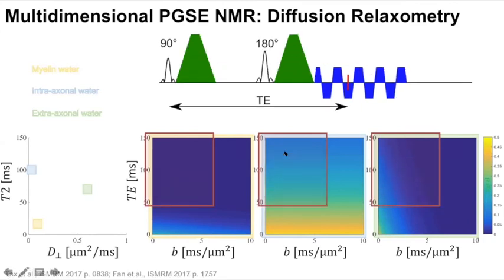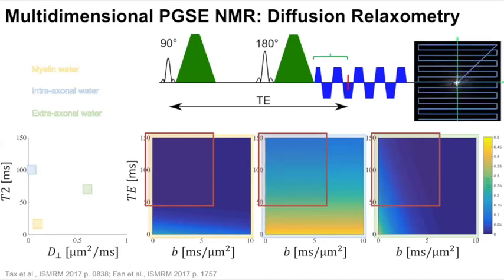Then with the strong gradients, you can significantly extend that space, start measuring at much lower echo times, and actually do this echo time dependent experiment. And then here we have this EPI readout, and because you have this readout part here, you lose again a little bit in echo time.